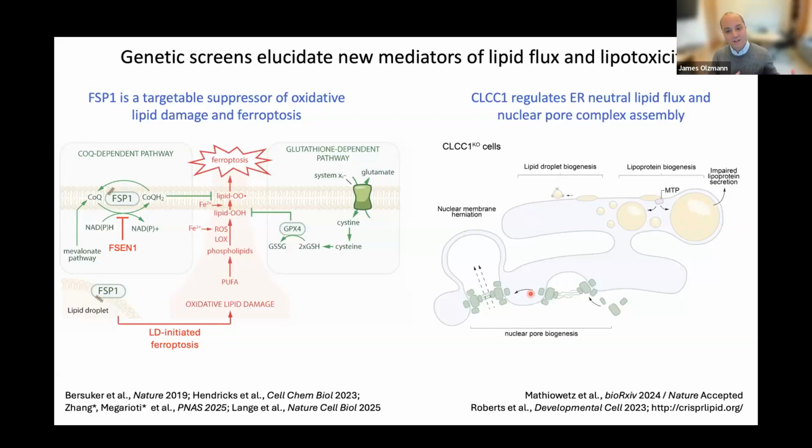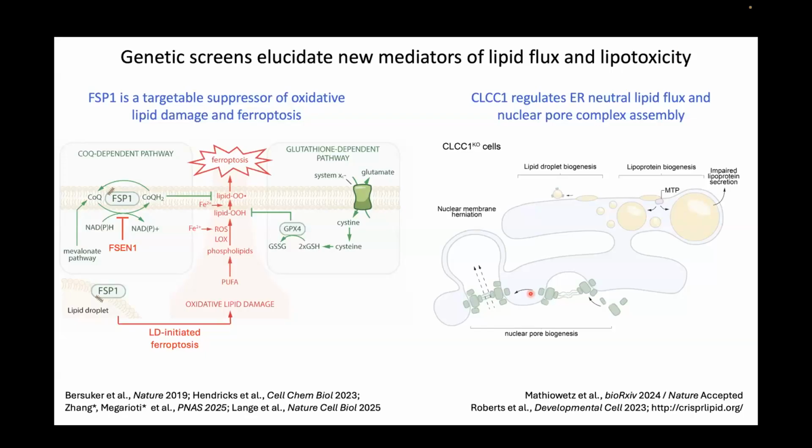I think because they're in the lumen, in this early lipoprotein biogenesis state, they're protected from lipolysis. Whether there's any flux between the cytoplasmic and luminal spaces, I think is a really interesting question that we're interested to answer.